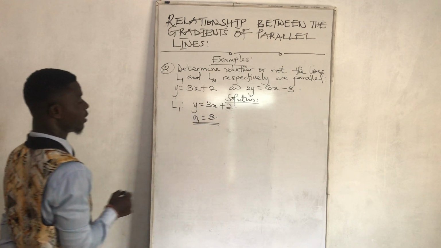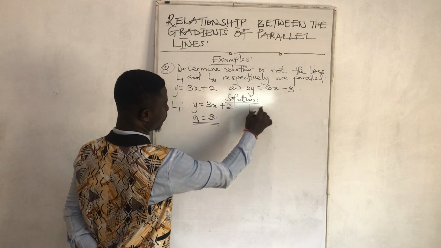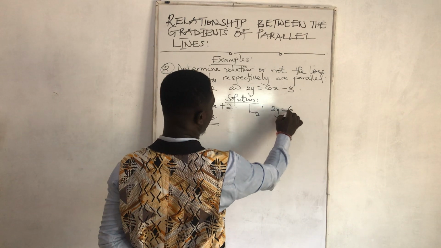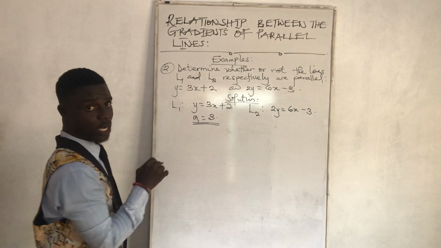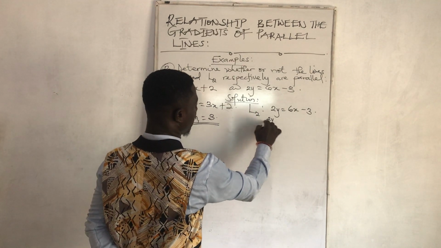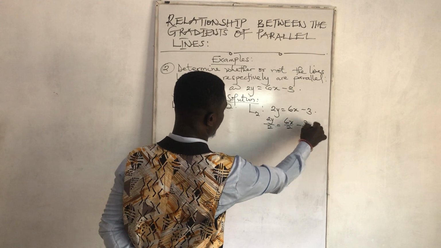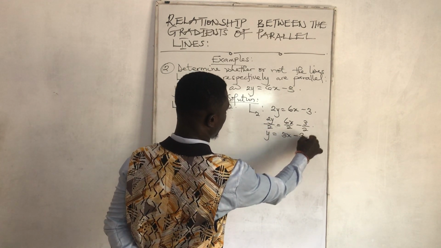So the gradient here is 3, right? Then L2, which is 2y equals 6x minus 3. You have to divide both sides by the coefficient of y, which is 2. So I have y equal to 3x minus 3 over 2.